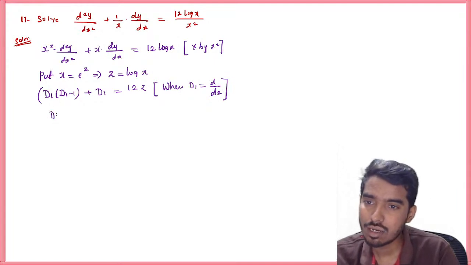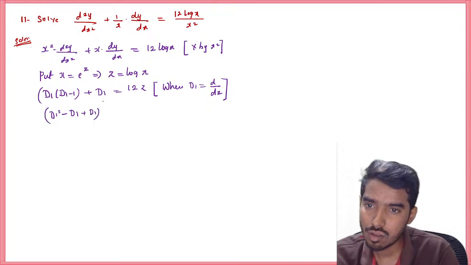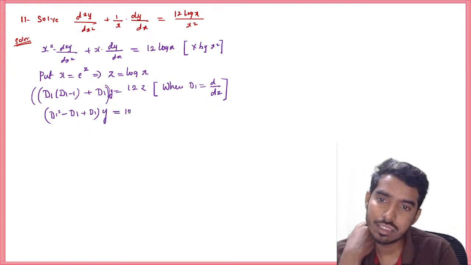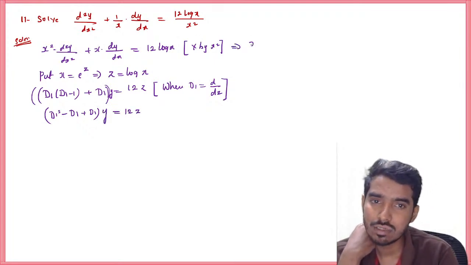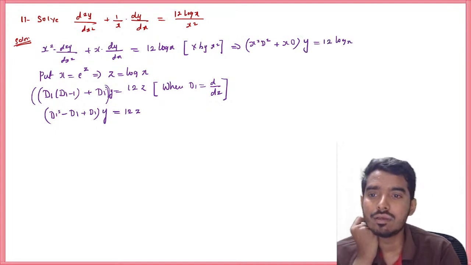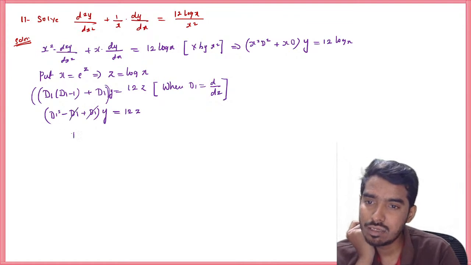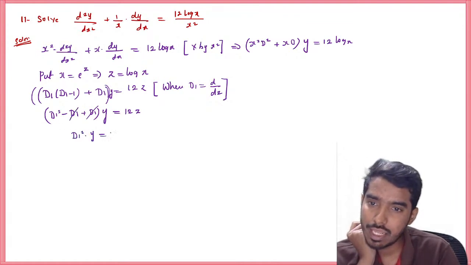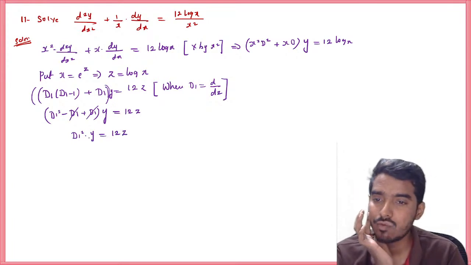So this is D1 square minus D1 plus D1, we will have y here, right? So we will have y is equal to 12z. This is same as x square d square plus x d of y is equal to 12 log x, right? Yes. So these two will get cancelled. So we will have D1 square of y is equal to 12z, right?